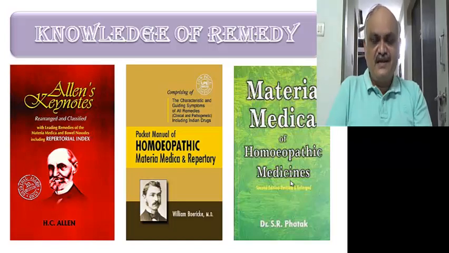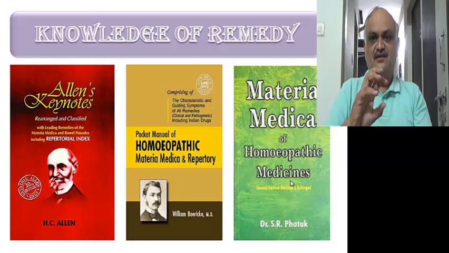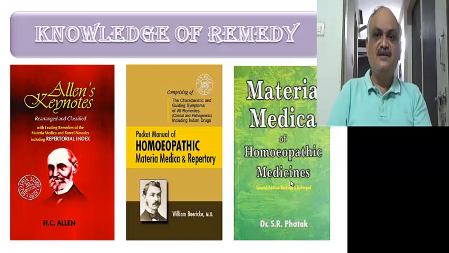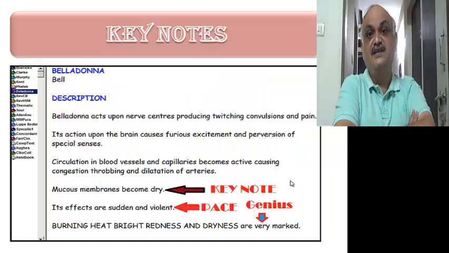But at least you have to read the medicine from one or two books. An accepted book is Boericke. Boericke has uniquely written the remedies. So I accept Boericke and Phatak as my reference books. But it's not any rule. You can choose any one or two materia medicas which you go to regularly and refer to when you are going to select the medicine.